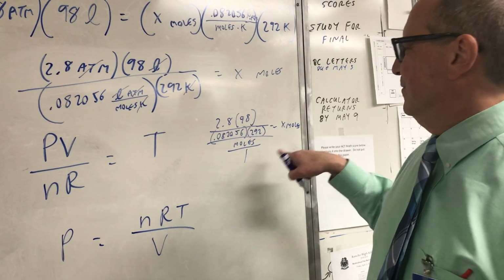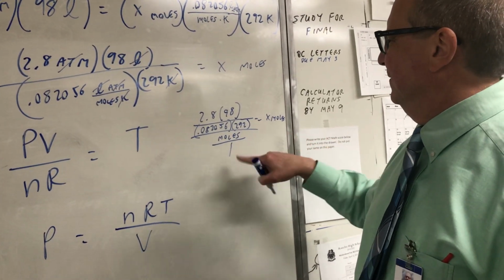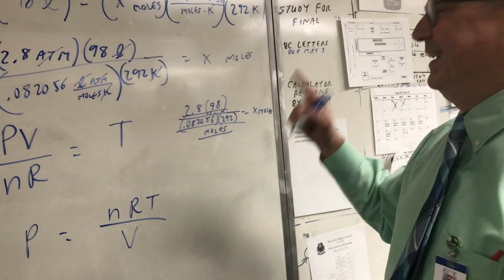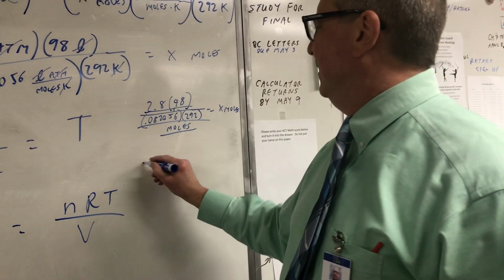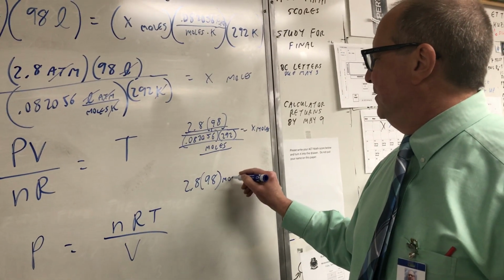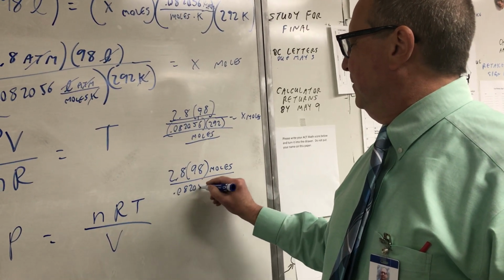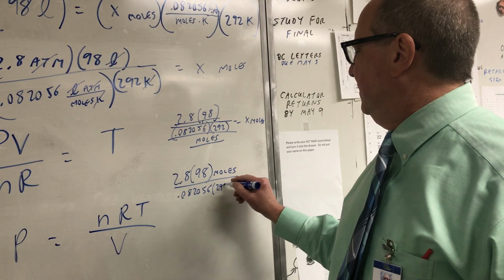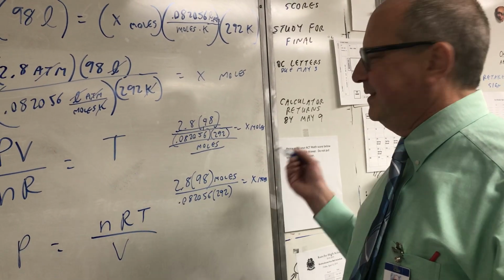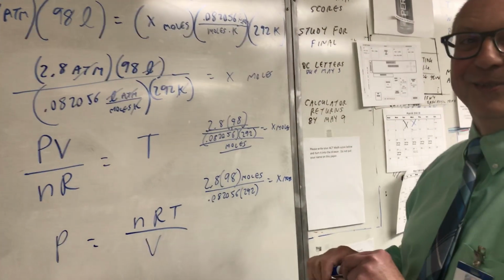And then you flip that over. So 2.8 times 98 moles over 0.082056 times 292 equals x, which is in moles. And that's it. It's just moving things around.